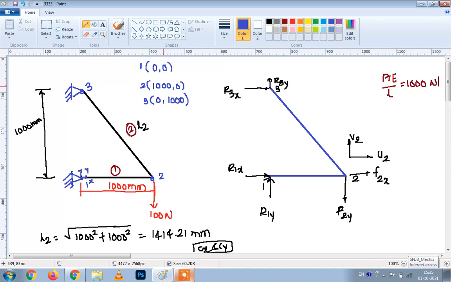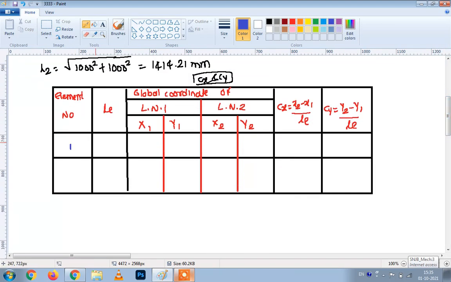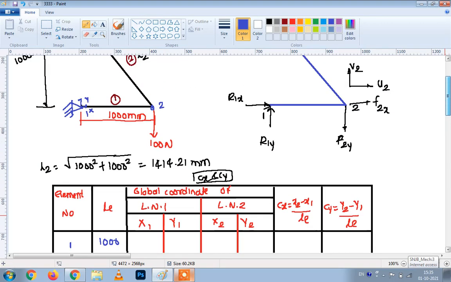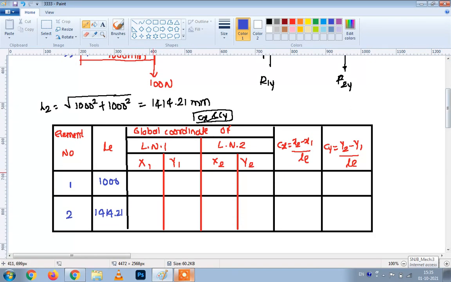So we have to write down these three values in this table. Element number 1 has a length of 1000 mm. Element number 2 has the length we have just calculated, 1414.21. Now local node 1 has coordinates 0, 0 and local node 2 has coordinates 1000, 0.